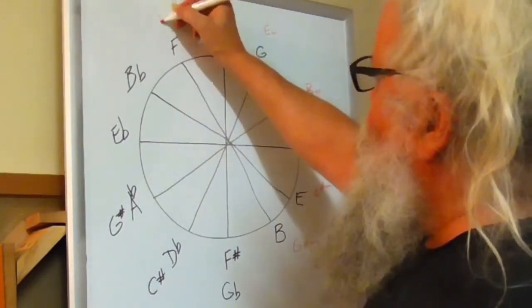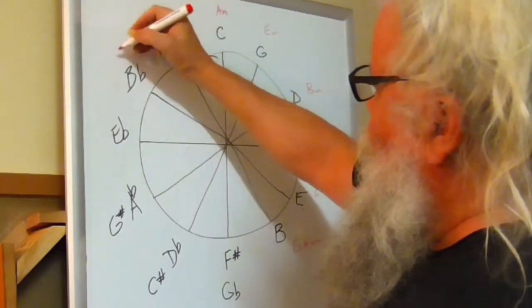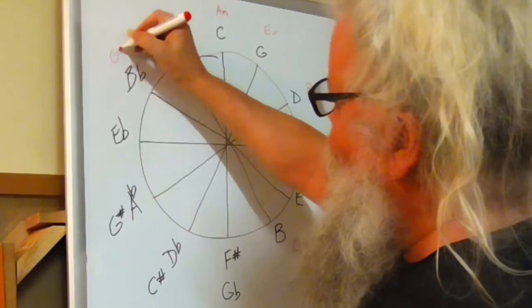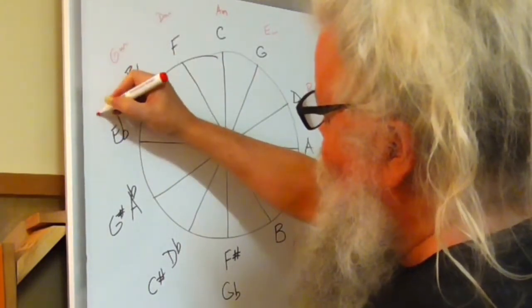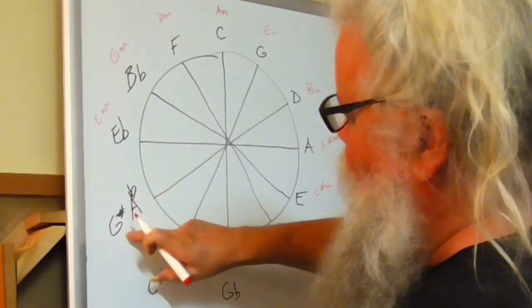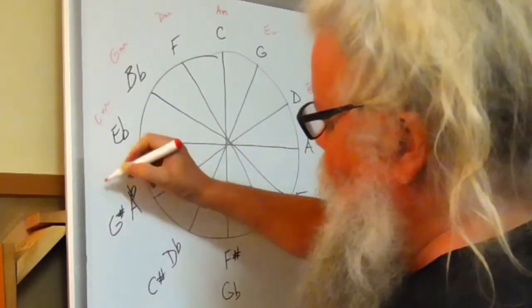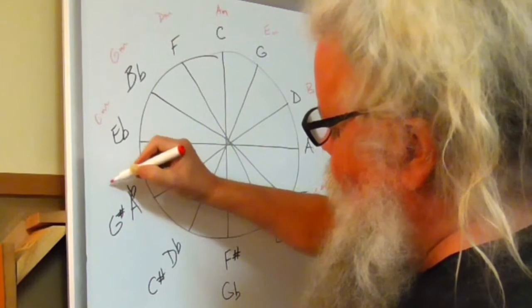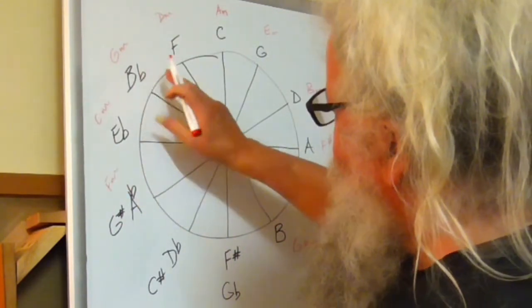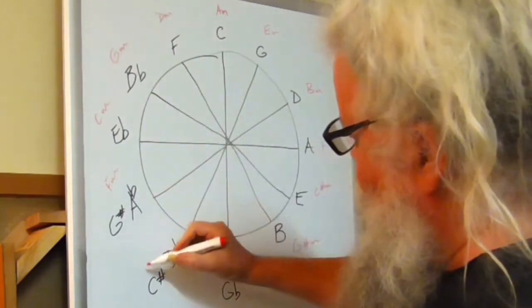This is D minor, G minor, C minor, that would have to be F minor or something like that. Is that right? F minor and B flat minor.